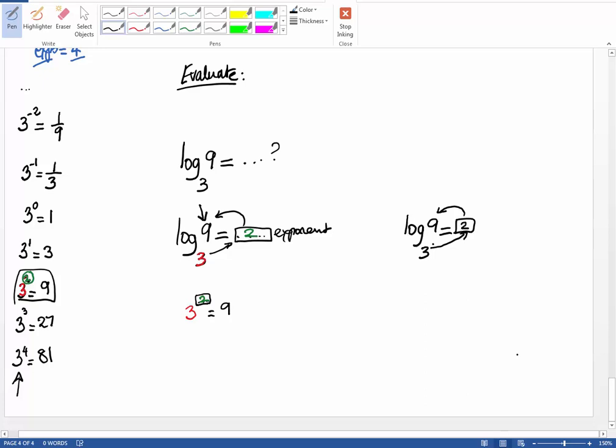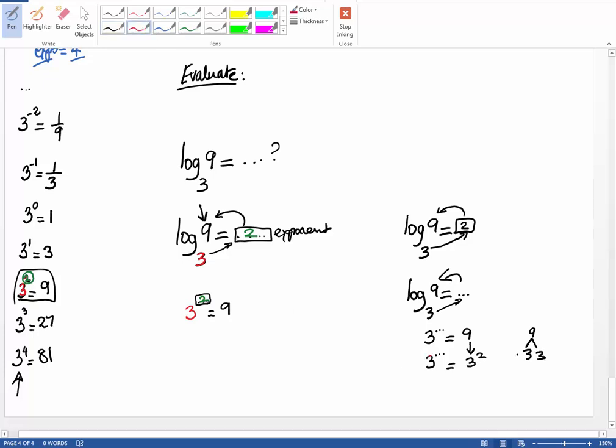Okay. If it doesn't come naturally, what you can do is the following. If you have to find log base 3 of 9, you can put something here and say 3 to that power is 9, the quantity inside the log. You can just keep looking for what the dots should be and rewrite 9 as 3 times 3 or 3 squared.